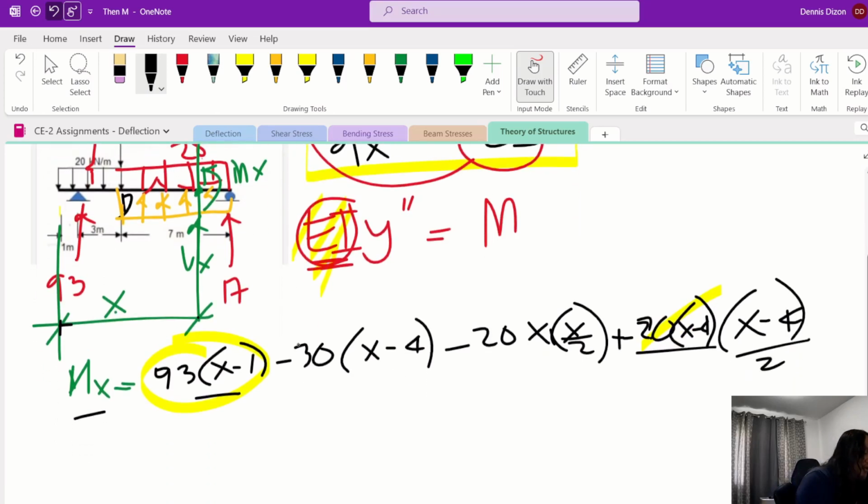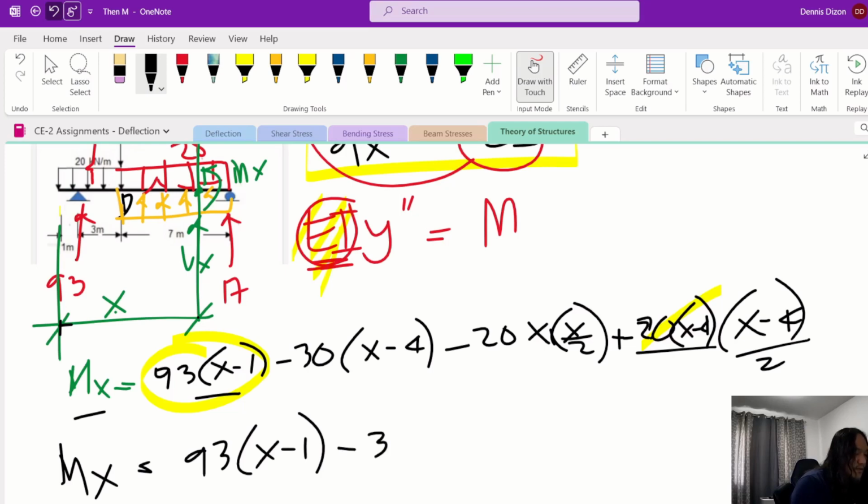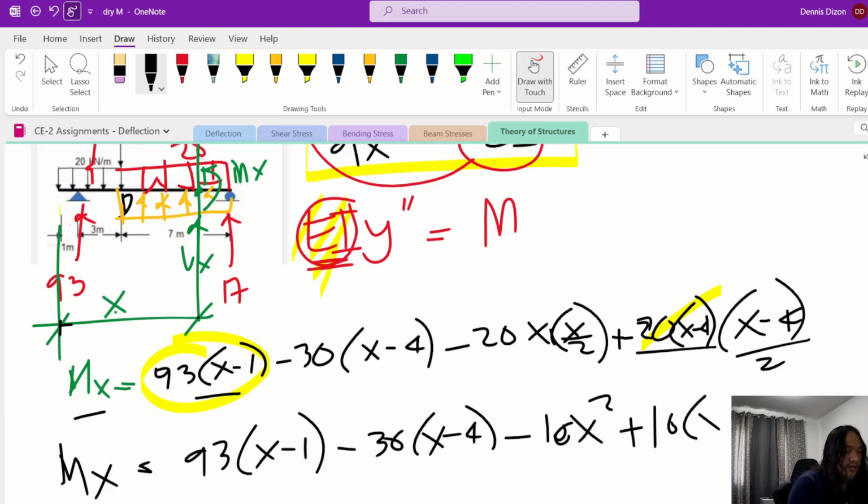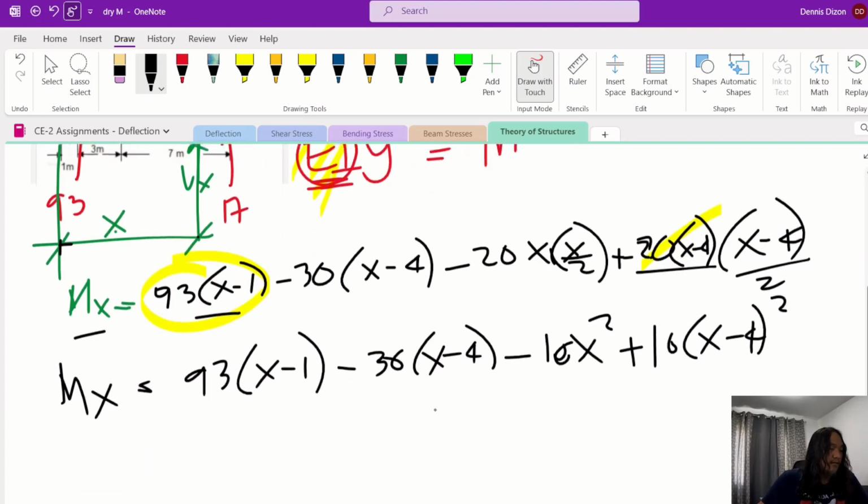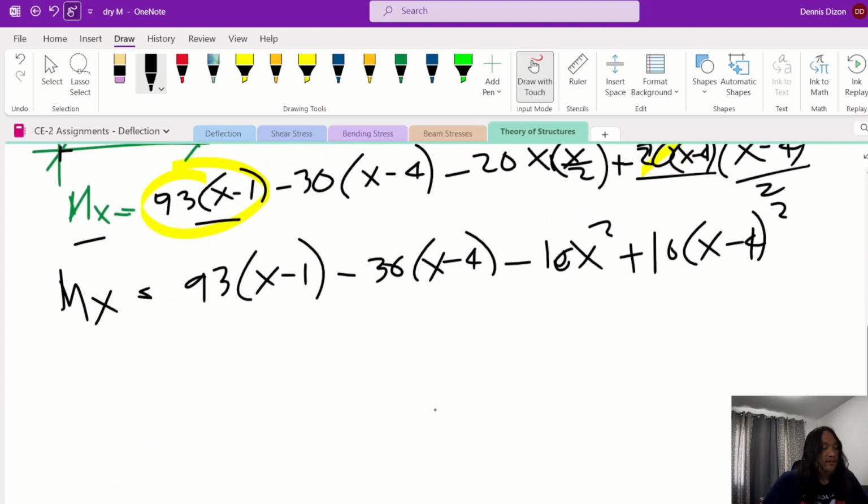And then we will simplify this one. So Mx is equal to 93 times x minus 1, minus 30 times x minus 4. And then this one minus 20 over 2 is 10 x squared. And then this one plus 20 over 2 is 10 times x minus 4 squared. So that is our moment equation, right?